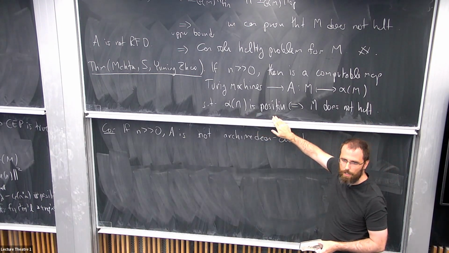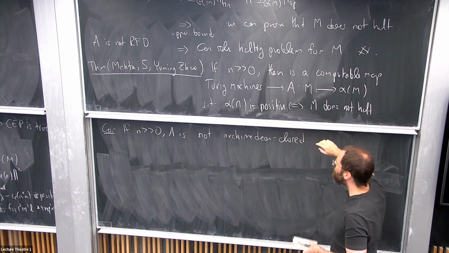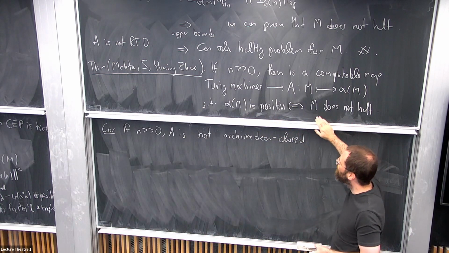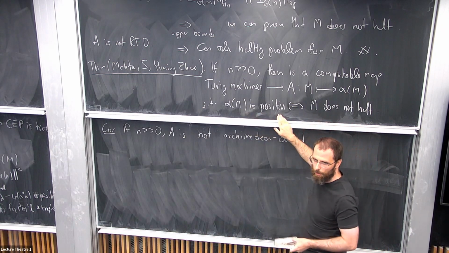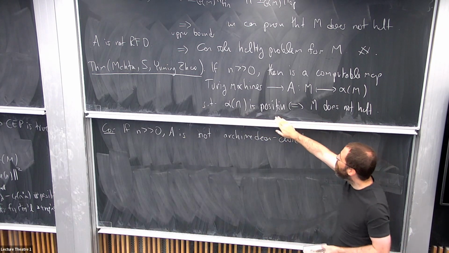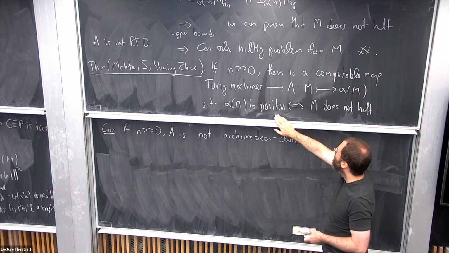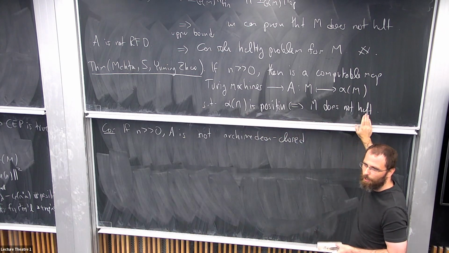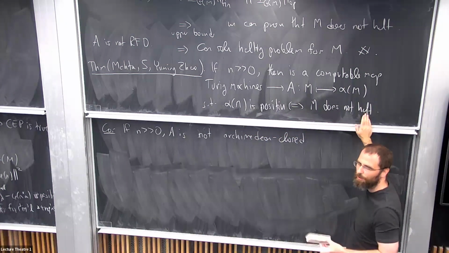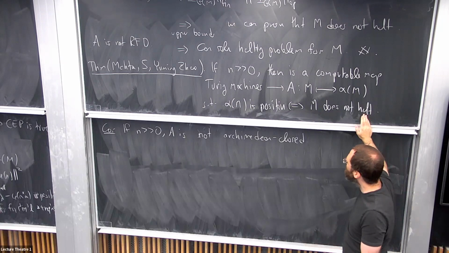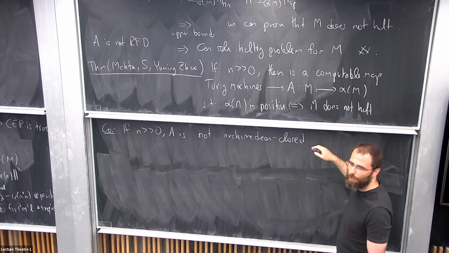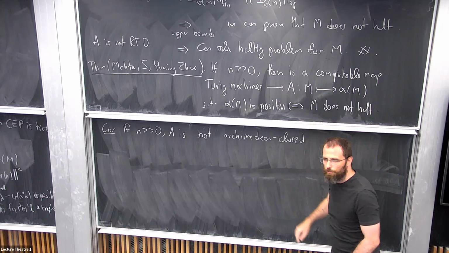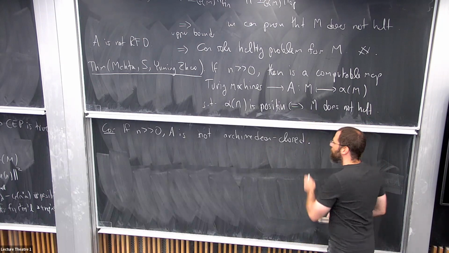So we could run the Turing machine to see if it halts, and at the same time look for a sum of squares decomposition for alpha M. If we find one, then we know that M does not halt, whereas if the Turing machine halts, we know that it halts. Either way, one of those two things will end, and we'll have decided the halting problem. So it can't happen, and therefore it couldn't have been Archimedean closed.